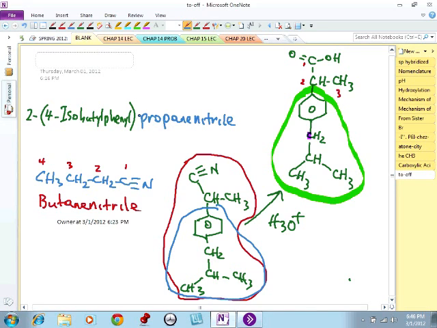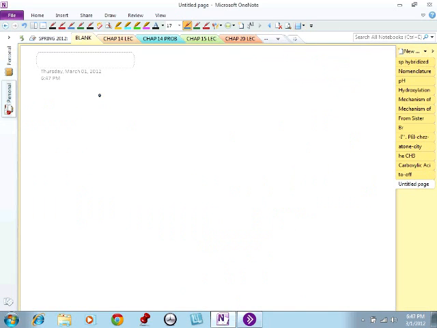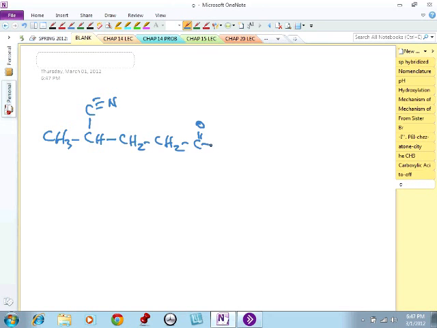Okay? Now, sometimes you could also say, for example, supposing we have this molecule here. When you have this molecule, you have a nitrile cyano group and a carboxylic group.